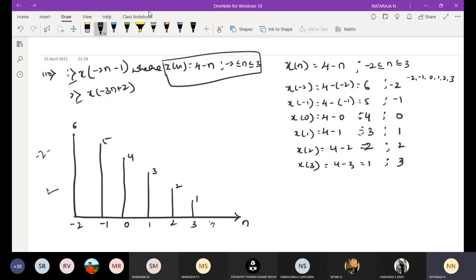Then by making use of minus 1 to 4, use it for 2n minus 1. Take the time scaling of minus 1 to 4, replace n by 2n, you will get minus 1 by 2 to 2. So since we don't have minus 1 by 2, take 0, 1, 2.